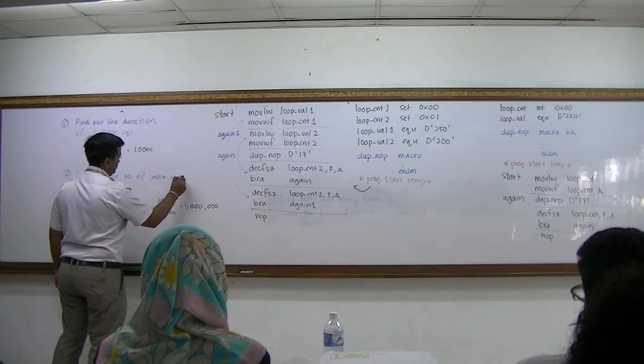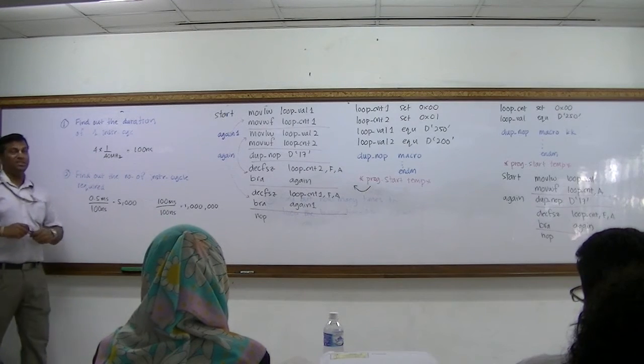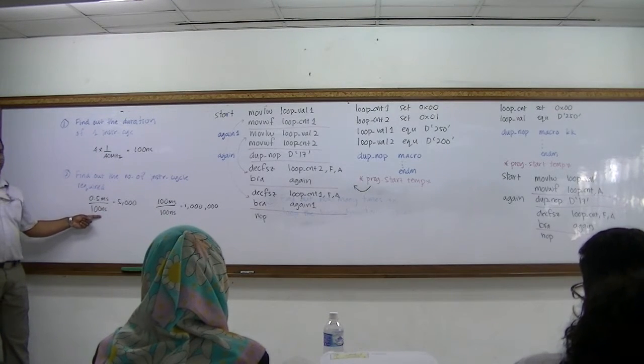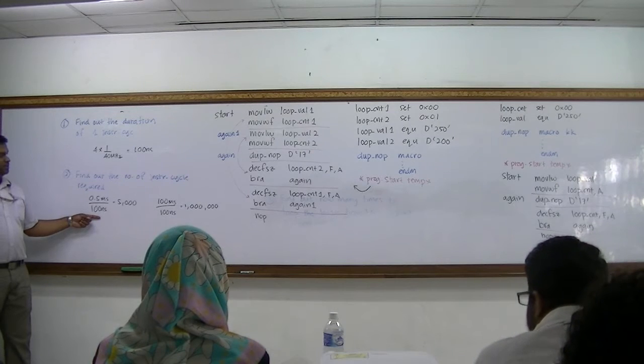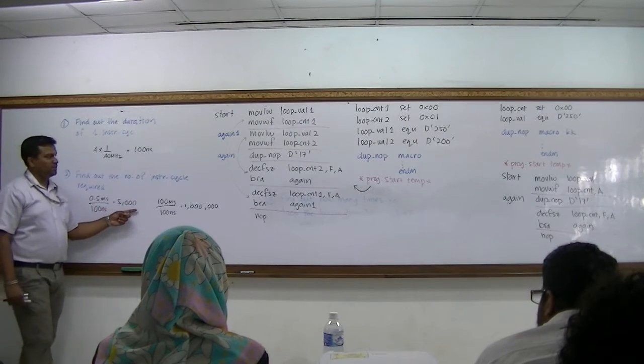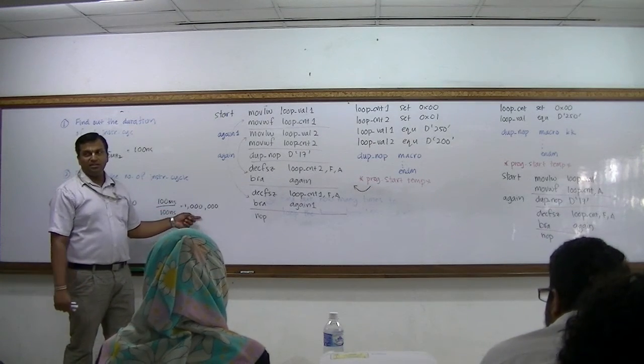Basic time block, because the number of instruction cycles required is found by dividing with the duration of one instruction cycle. So you need 5,000 instruction cycles, or you need 1 million instruction cycles.